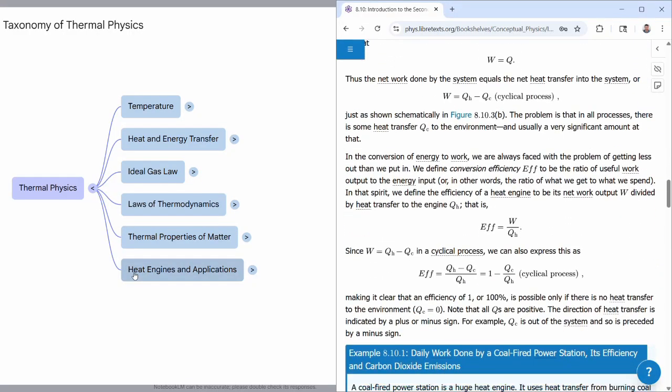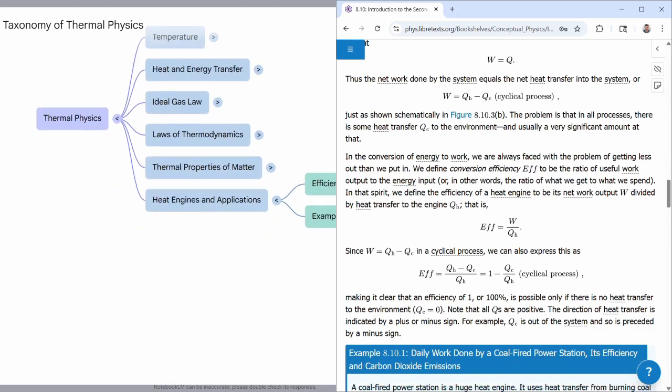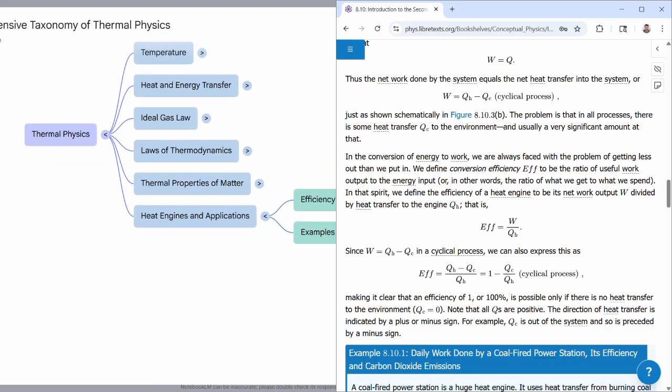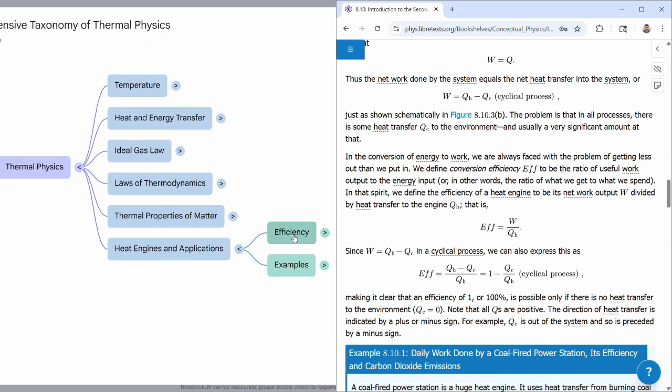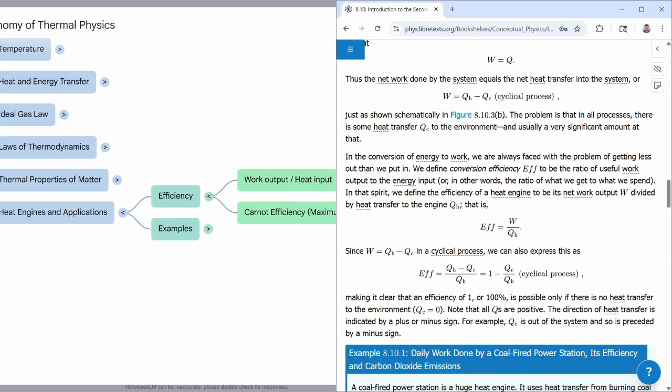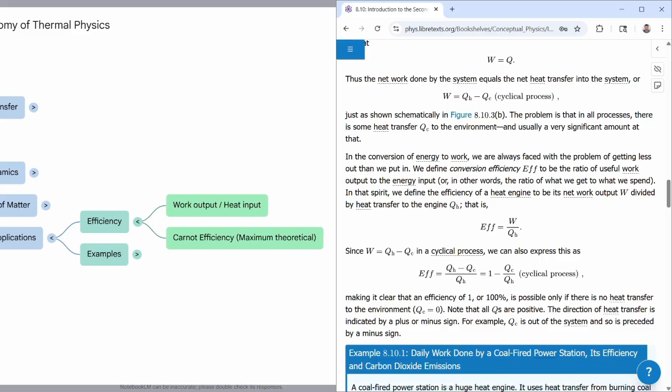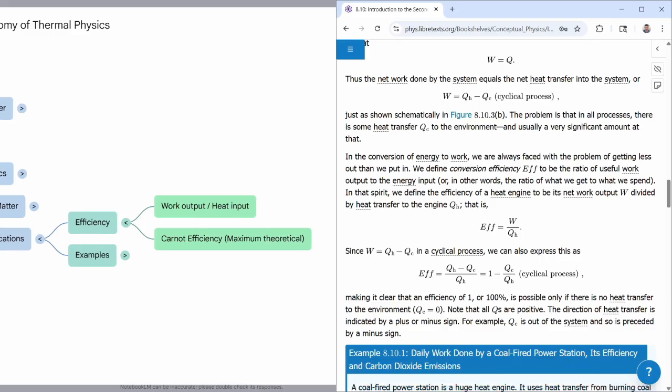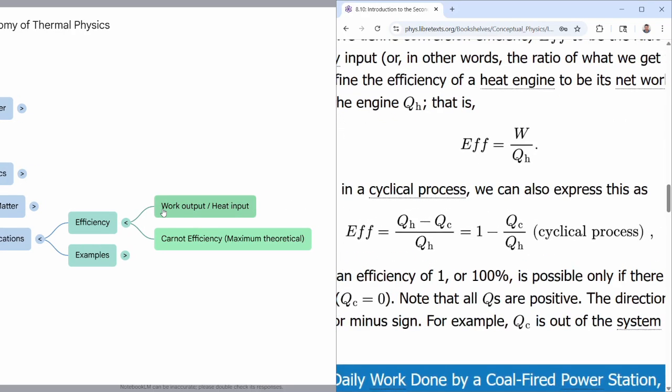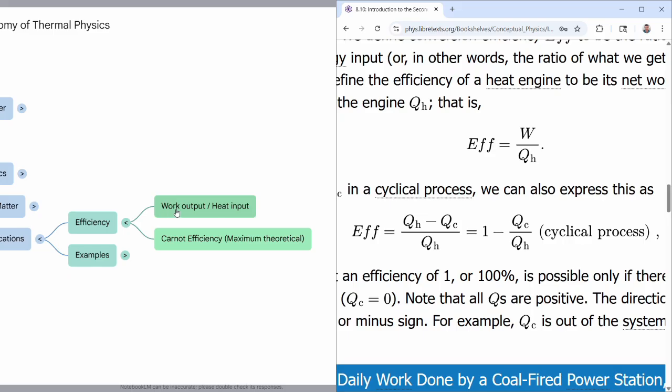So let me open this heat engines and applications branch of this mind map. So now efficiency. I think we introduced the definition of efficiency in section 8.10 alongside the second law of thermodynamics. And when it comes to heat engines, we define their efficiency as the mechanical work output divided by heat input.